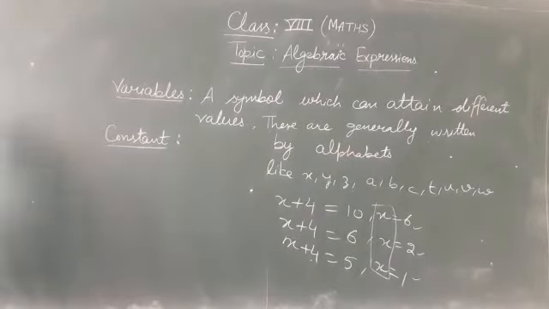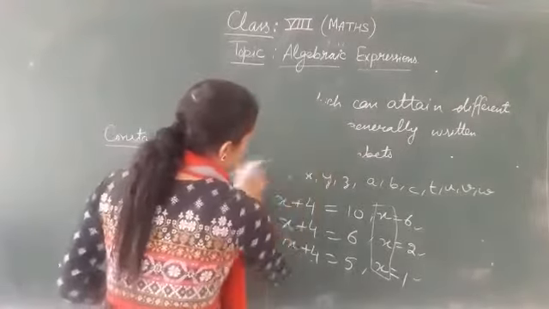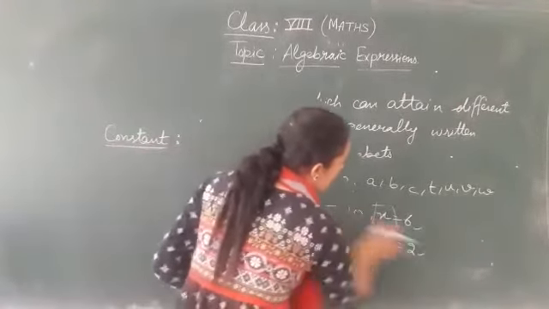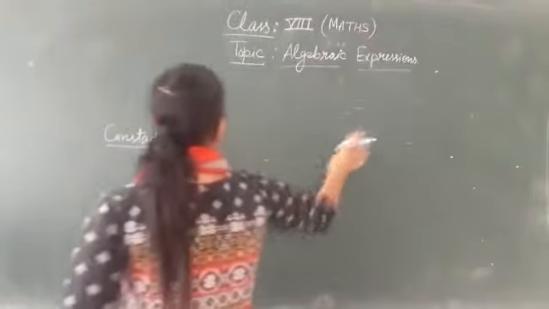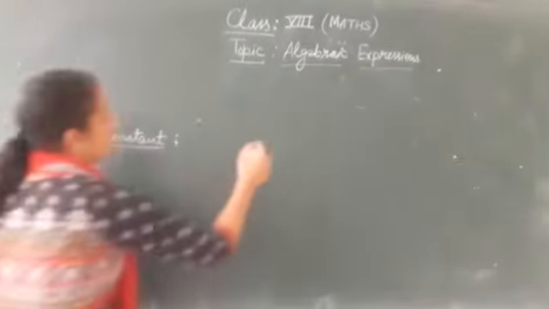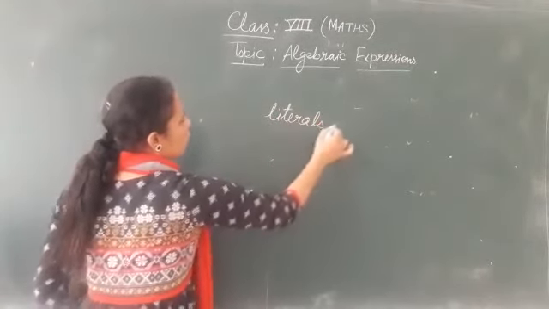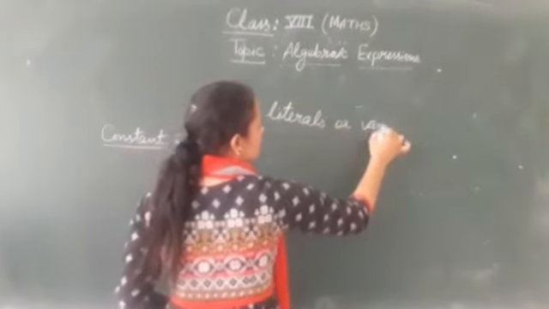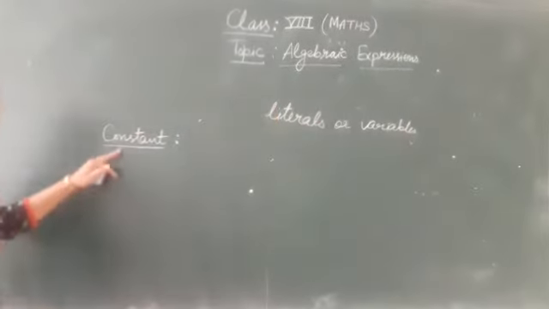Next is a constant. Variables are also known as literals. Variables, another name is literals. Okay. Next is the constant.